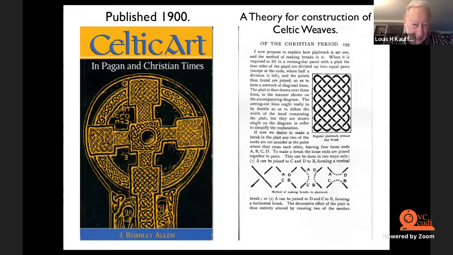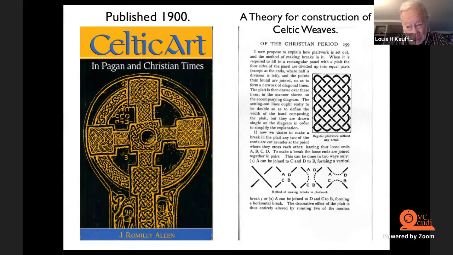Now here's a bit of history. There's lots of history to knotting, of course. This history I chose with some malice aforethought because it's interesting to see that Mr. Romilly Allen, back around 1900, in writing a book on Celtic art, came upon one of the same kinds of decompositions at a crossing that we find useful, and that is part of the theme of this talk. So Romilly Allen pointed out that you could start with a regular lattice weave like the one on the right, and then you could remove some of the crossings by connecting them up either horizontally or vertically, as illustrated here in his slide.